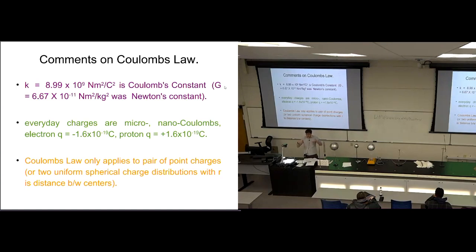Now, in reality, it applies to the force between 2-point charges, or things that are effectively 2-point charges, which means the size of the charges is much smaller than the distance between the charges. So there's really no such thing as a point charge, but there is such a thing as a charge whose size is effectively a point compared to the distance between the neighboring charge.